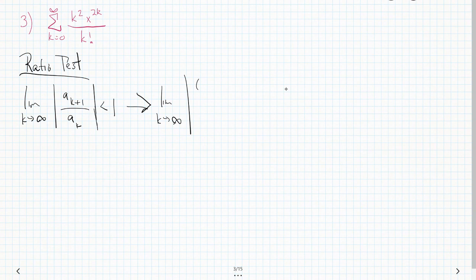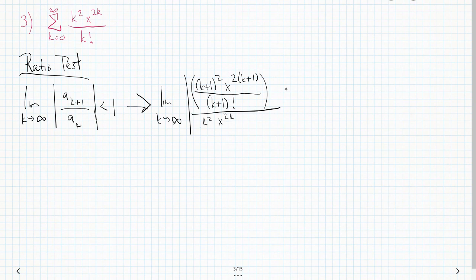So we get k plus 1, the quantity squared, x to the 2, put it in parentheses, that's the big trick to this, 2k plus 1, all over k plus 1 factorial, and then all that goes over a sub k, which should be the original term. So k squared, x to the 2k, all over k factorial. And all that should be less than 1.